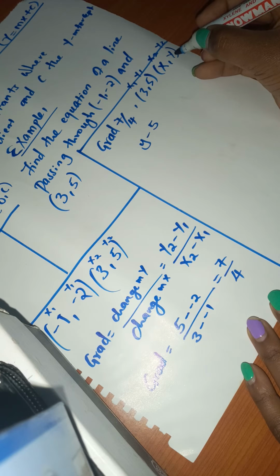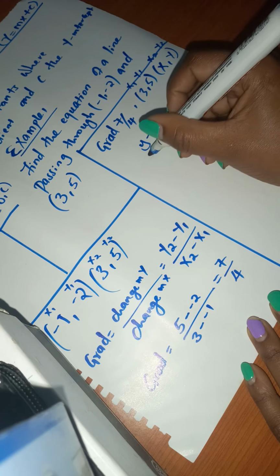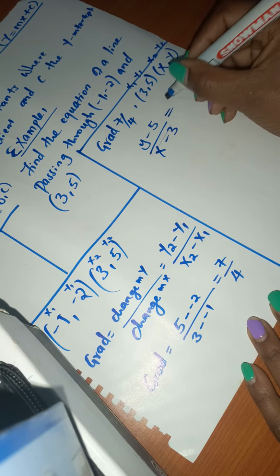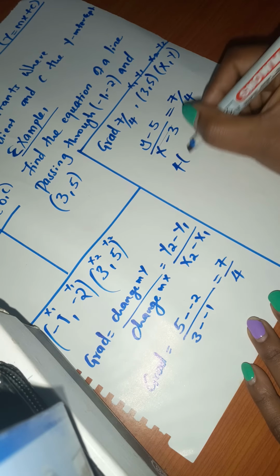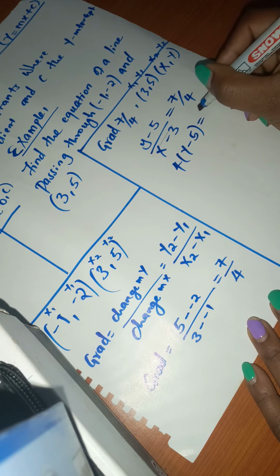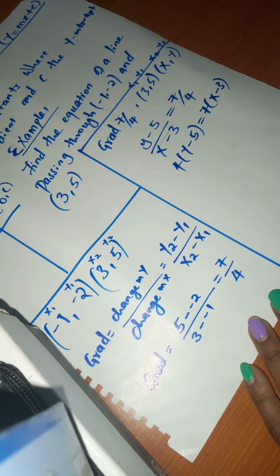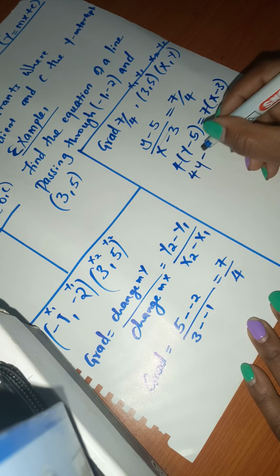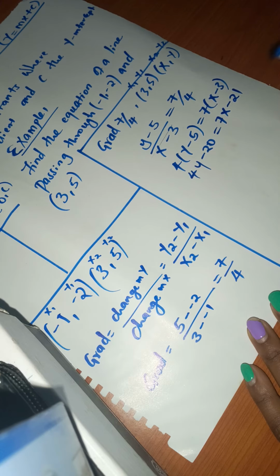So y minus 5 divided by x minus 3 should be equal to 7/4. Cross multiplying, you get 4 times (y minus 5) equal to 7 times (x minus 3). So I'll have 4y minus 20 should be equal to 7x minus 21.